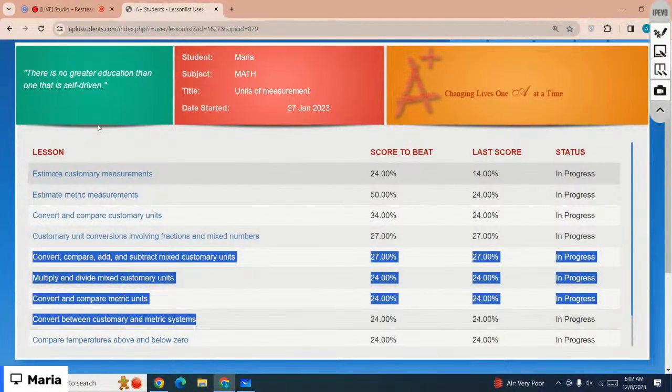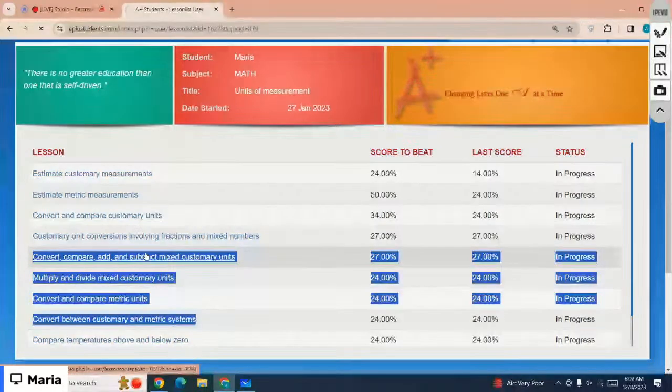Okay, here I'm on the grade 6 math chapter, unit of measurement.